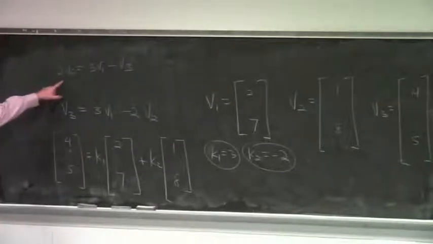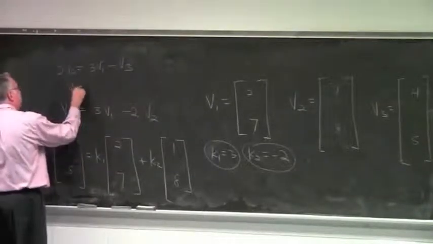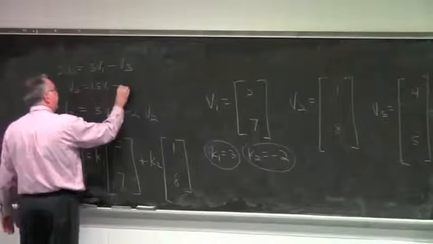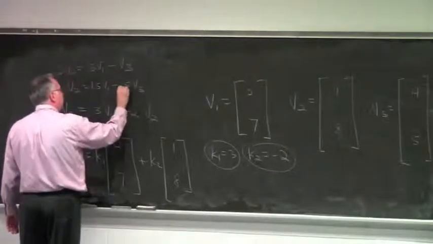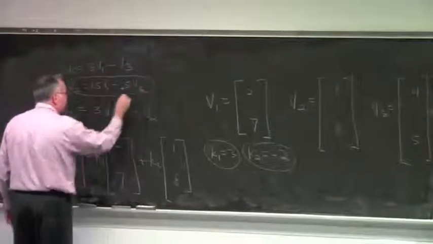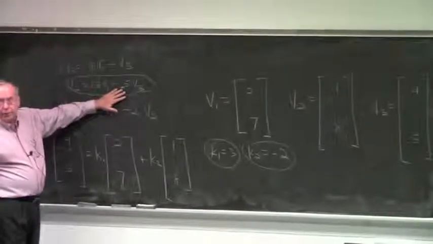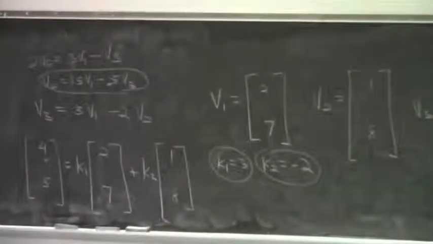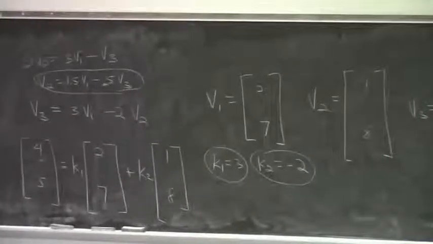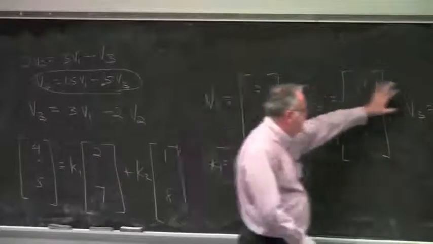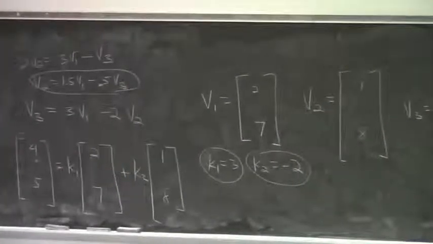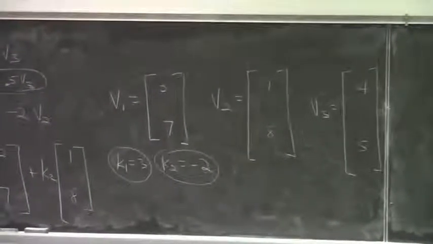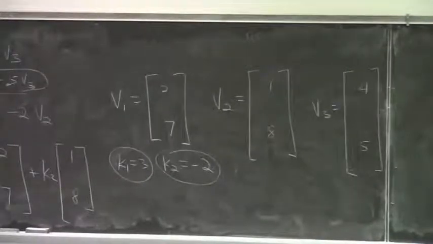Now divide both sides by 2, and you get v2 equals 1.5 v1 minus 0.5 v3. In this case, they're not whole numbers, but that's okay. They don't have to be whole numbers. In a similar fashion, we could solve for v1 as a function of v2 and v3. So, in fact, for this set of vectors, any one of the 3 vectors could be expressed as a linear combination of the other 2. Therefore, the set of vectors is said to be linearly dependent.